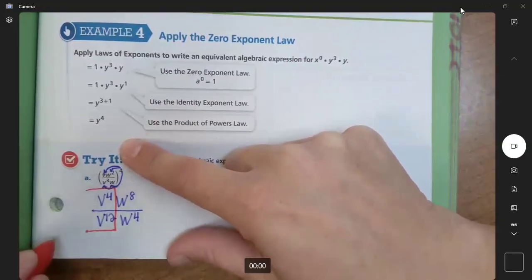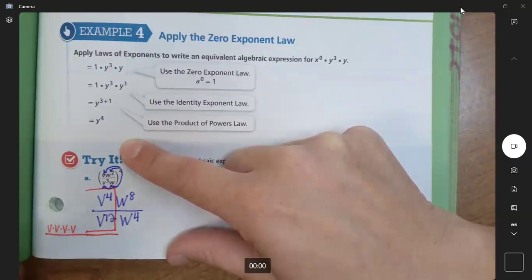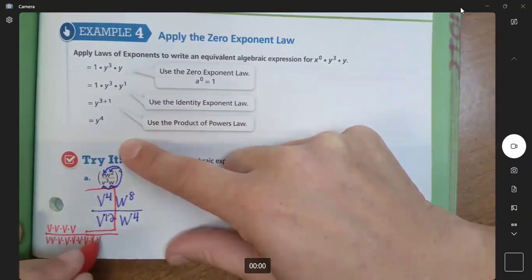So if you have 4 V's on the top, 1 times V times V times V, because that's exactly what exponents are. And how many V's do we have on the bottom? 1, 2, 3, 4, 5, 6, 7, 8, 9, 10, 11, 12.